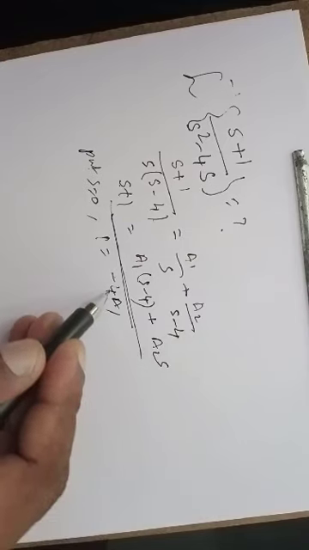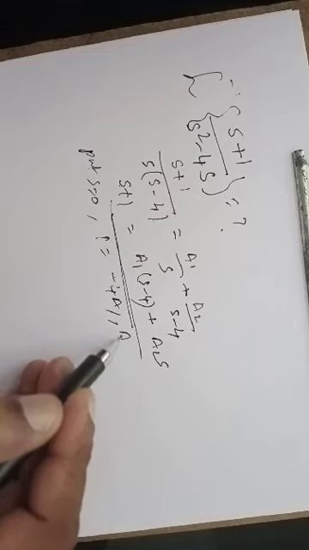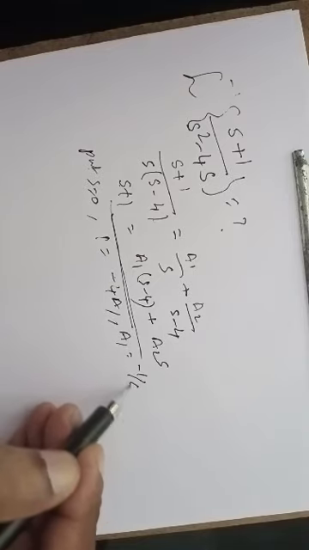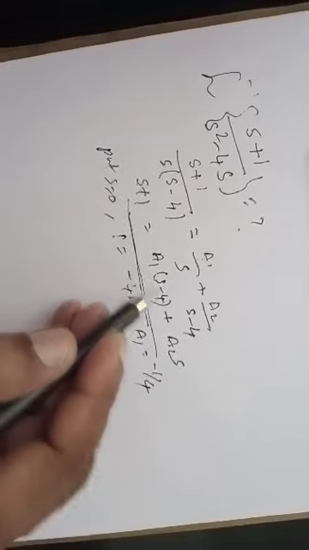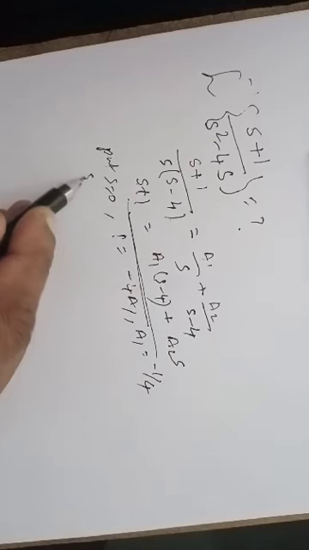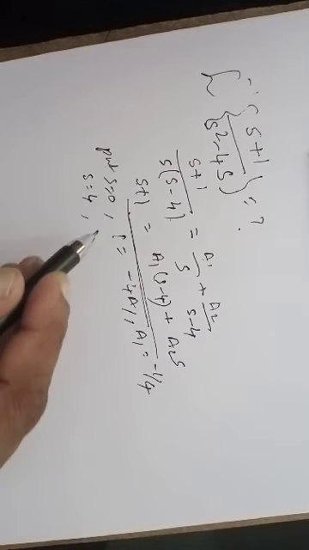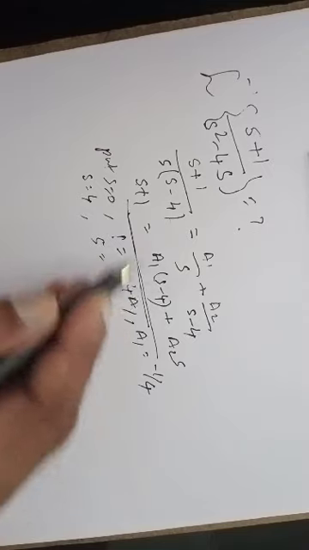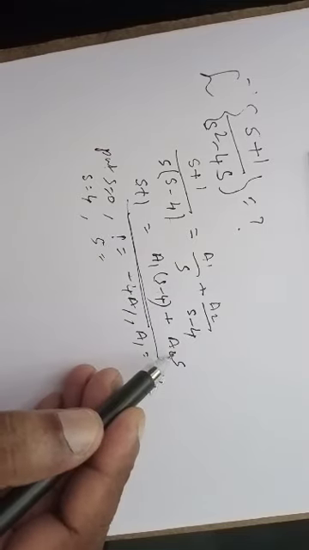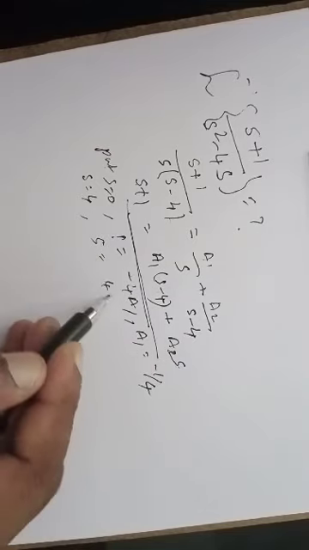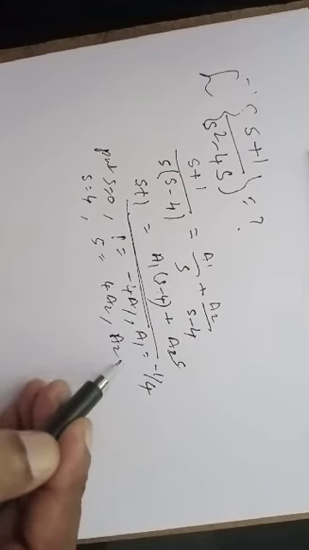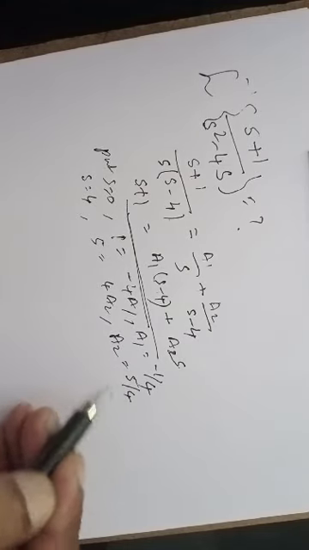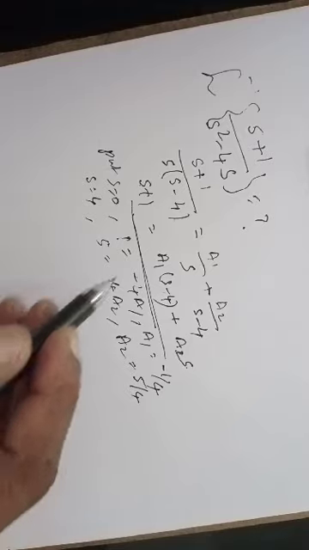Then a1 is equal to 1 by minus 4, that is minus 1 by 4. Similarly, putting s equal to 4: 4 plus 1 is 5, the first term vanishes since 4 minus 4 is 0, and here it is 4 a2. Then a2 is equal to 5 by 4.